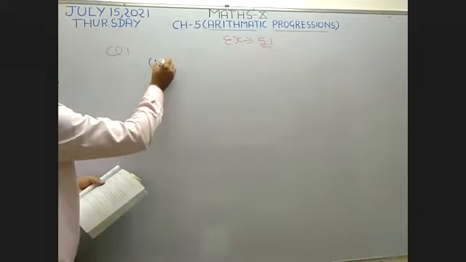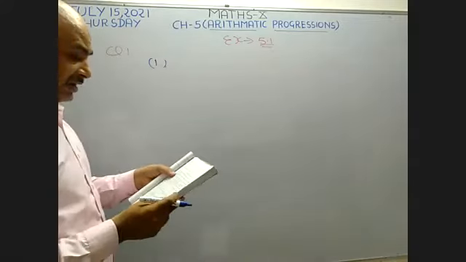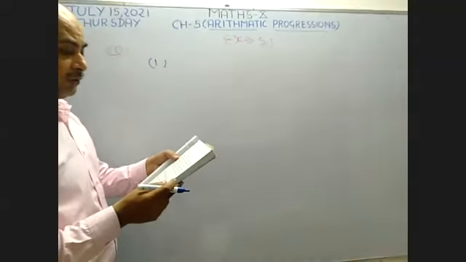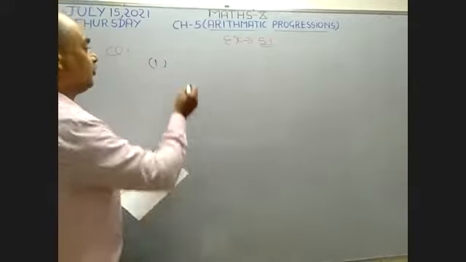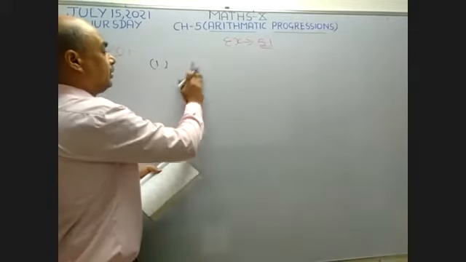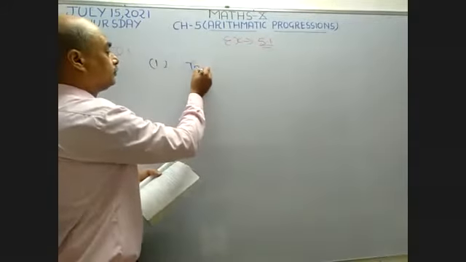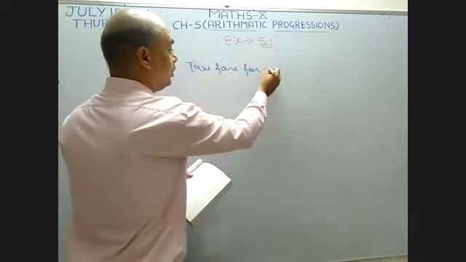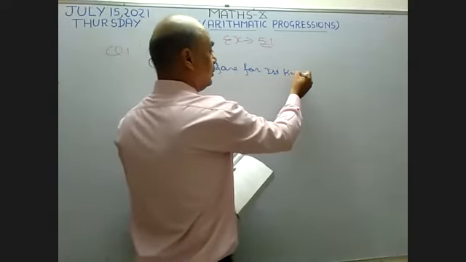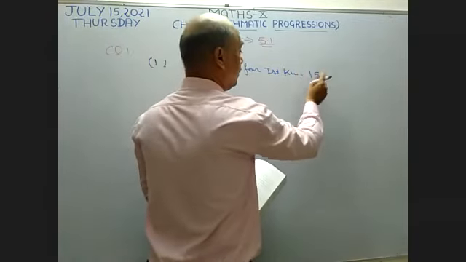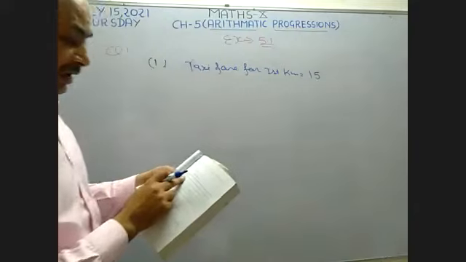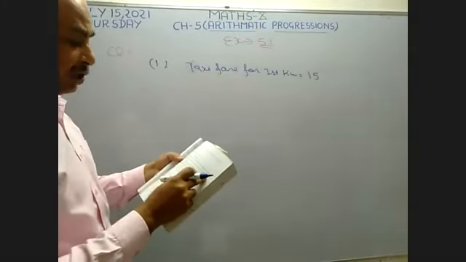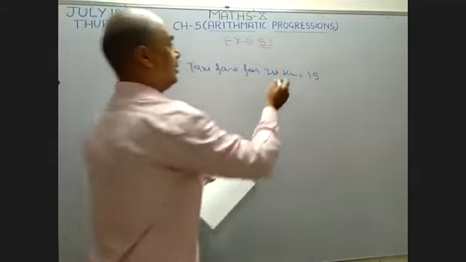First part, see what is given in this question. A taxi fare after each kilometer, when the fare is rupees 15 for the first kilometer and rupees 8 for each additional kilometer. So write here: taxi fare for the first kilometer is rupees 15.